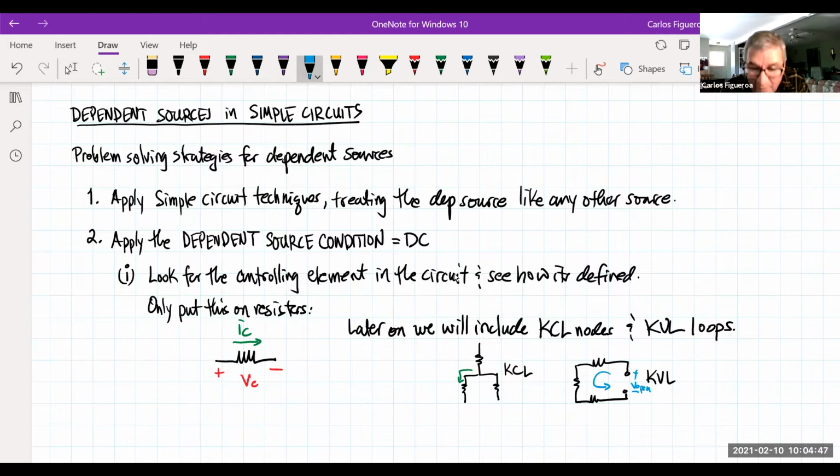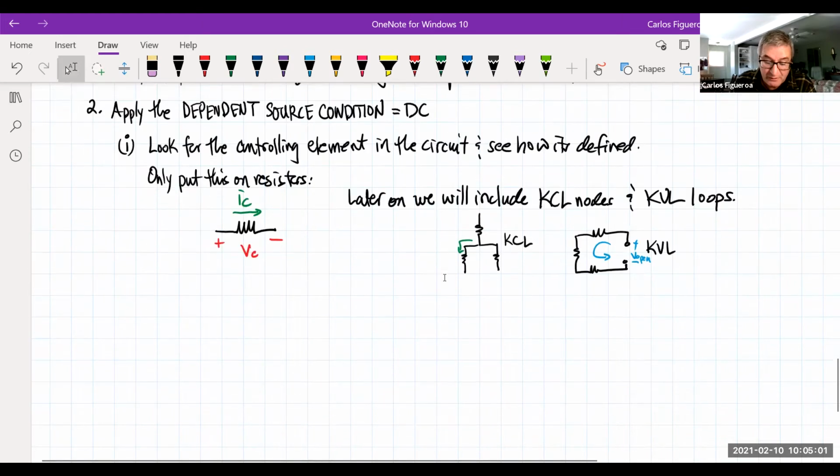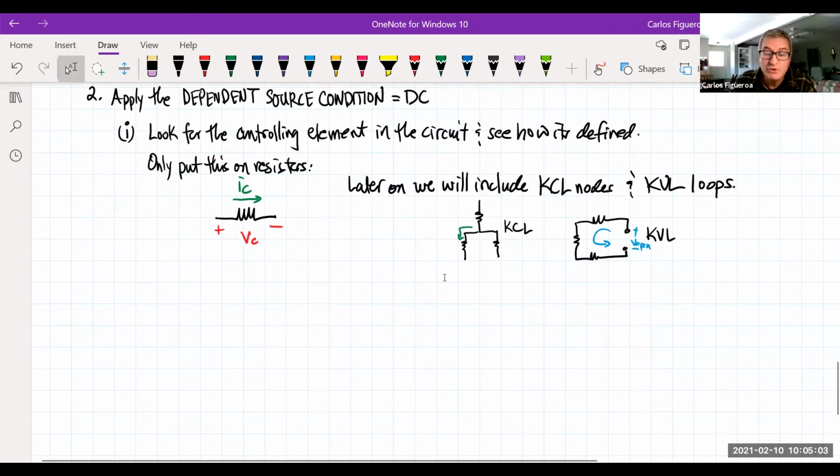And then that open is what's really the controlling element in that circuit. So it can get quite more complicated. But right at the beginning, I'm not going to do that to you because you just don't have enough experience yet. So you go to see where that controlling element is at, and then go write an equation for that current or that voltage of the controlling element.